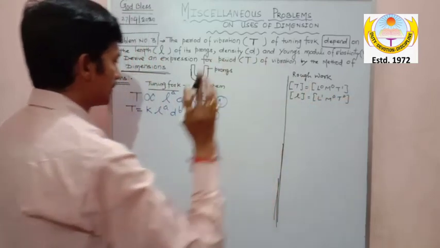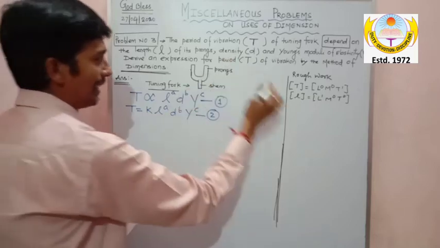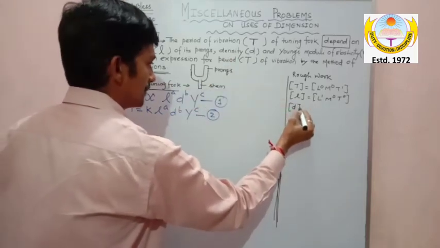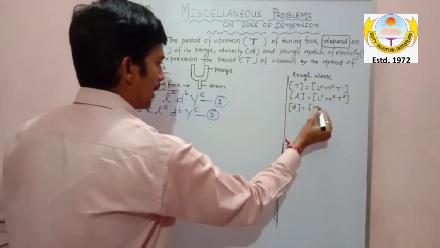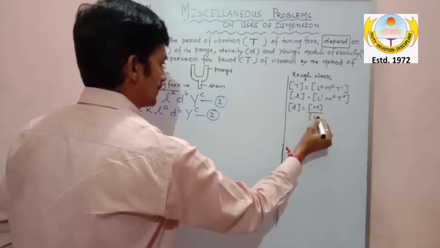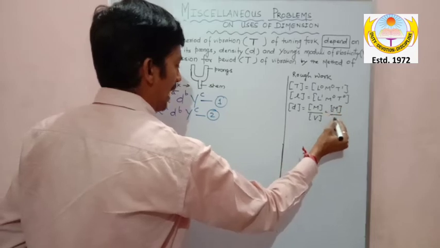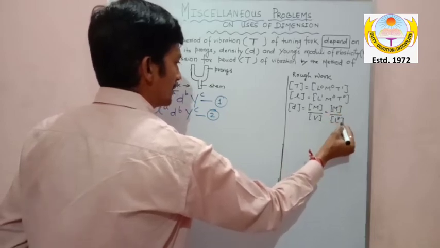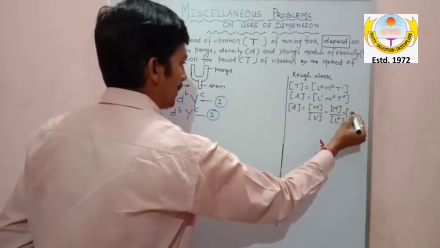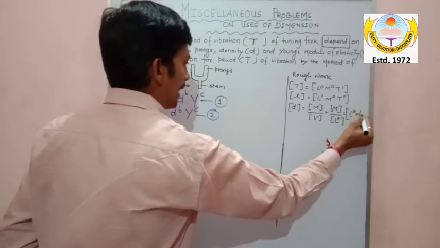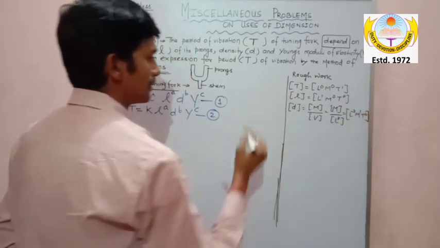That is over. Dimension of density: what is density? Mass upon volume. Mass will be M only, volume will be L power 3. So the dimension is L power minus 3, M power 1, T power 0. Density is over.